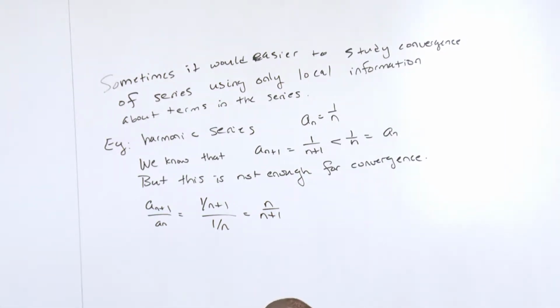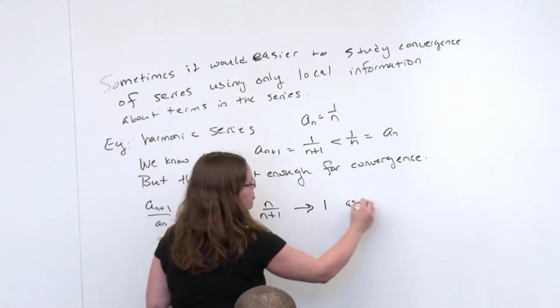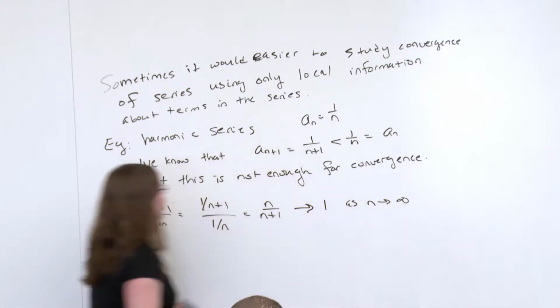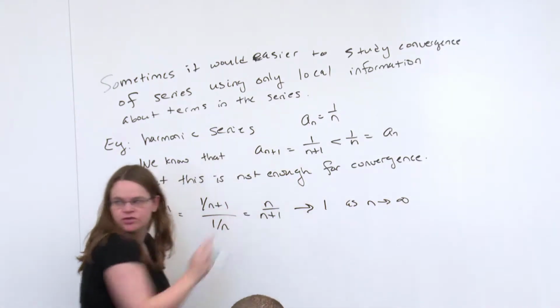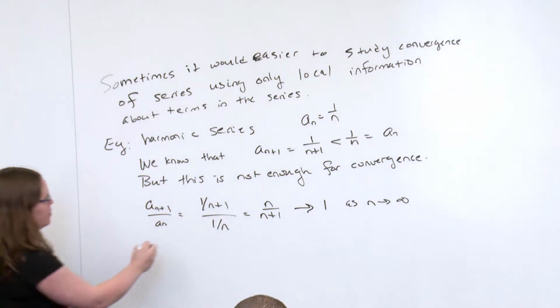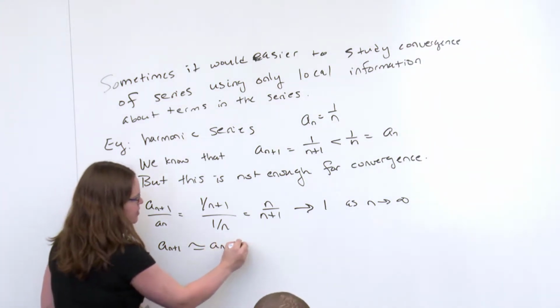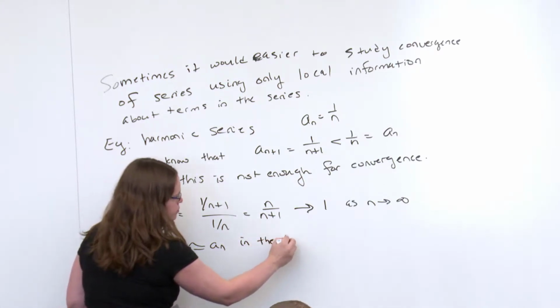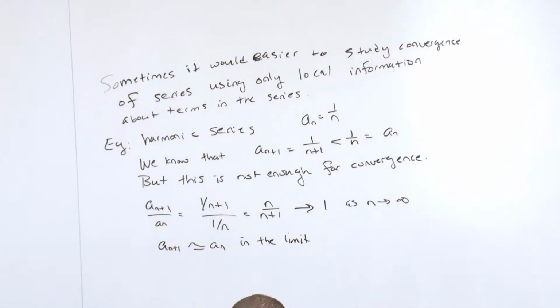It goes to 1. In other words, if a_{n+1} over a_n is basically equal to 1, it's very close, that means that a_{n+1} is really approximately equal to a_n in the limit. So the terms are getting smaller, but they're not getting smaller very quickly. In the limit, these terms are the same size effectively.